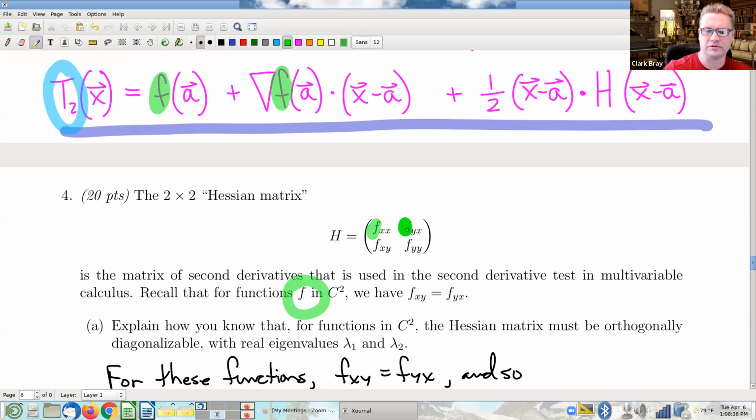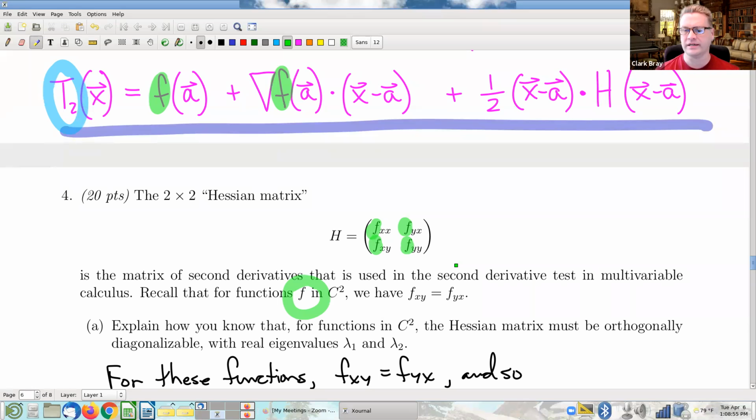These various partials make up the Hessian. T and f have the same value at the point A. T and f have the same partial derivatives at the point A, and T and f have the same second partials at the point A.